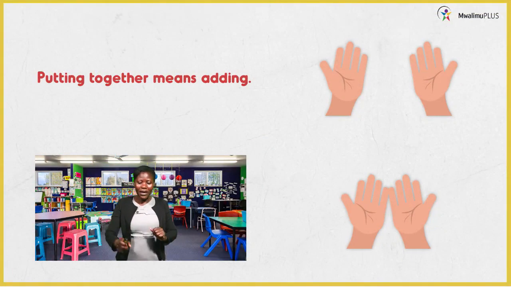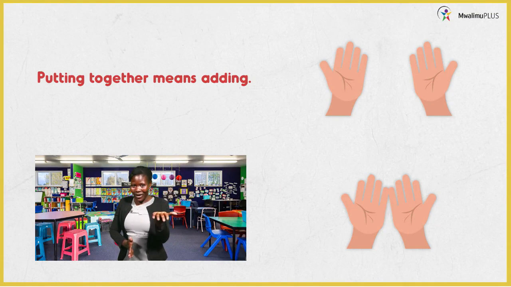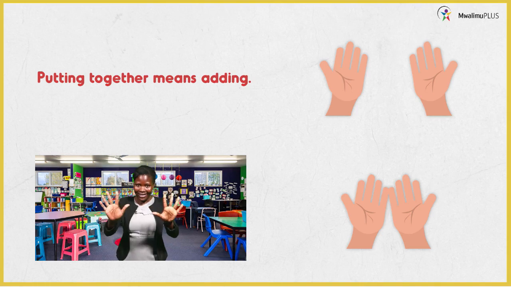For example, if I may use this activity, it's very common, and you have your hands. Look at my palm. So I have 5 fingers. I also show you another one like that. Also, this one has 5 fingers.